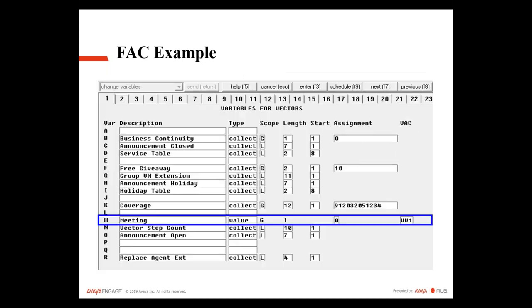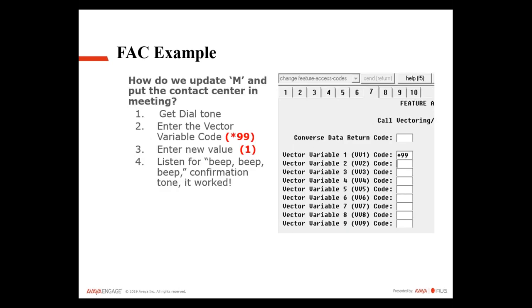So this is set to M. It's set as a value because you're changing it by the feature access code. The feature access code does need to be set up on the feature access page at the end of all your feature access codes. So you again would get dial tone, enter the *99, which you set as your variable, and then change the value to whichever you wanted it to be.